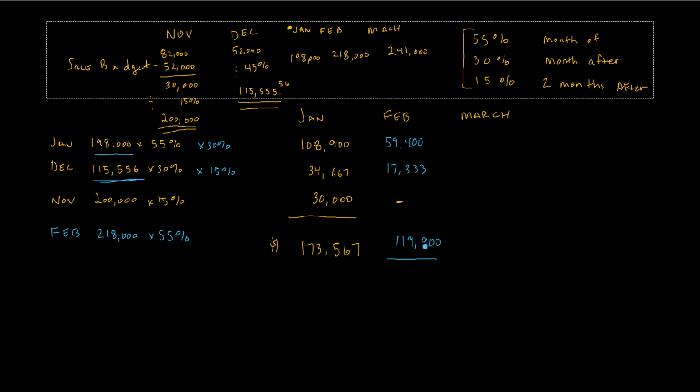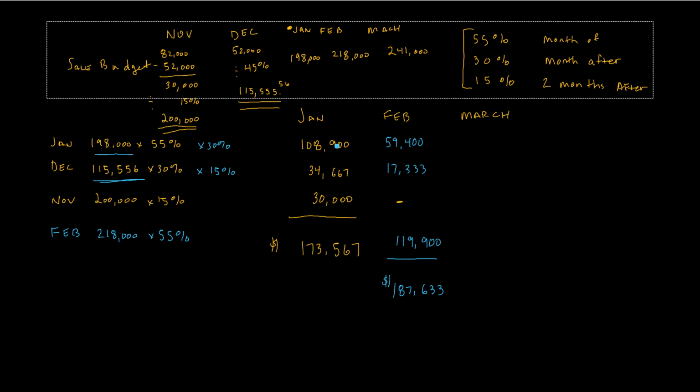Plus, I'm going to collect 30% of January sales, which is the 59,400. And if my math's right, that should equal 187,633. Okay, so that's the cash I collect in February. That's my February cash receipts.